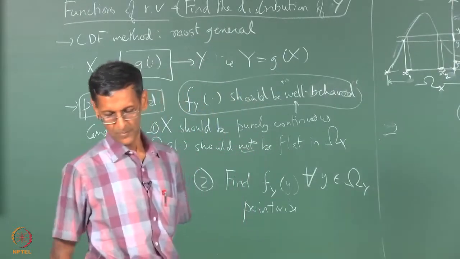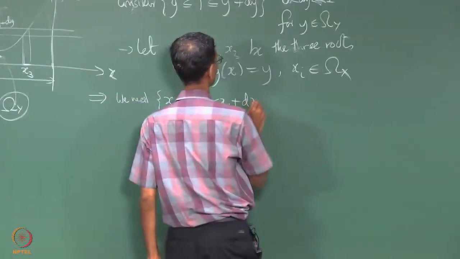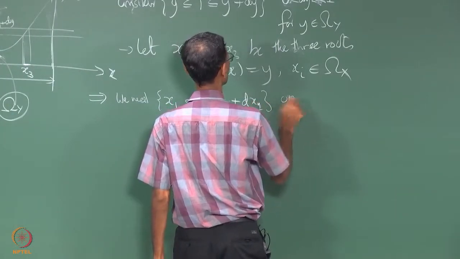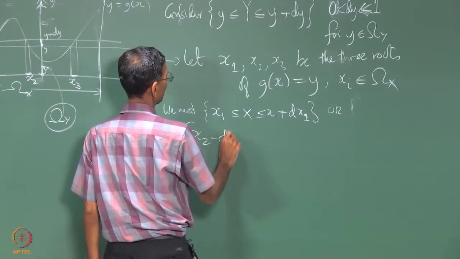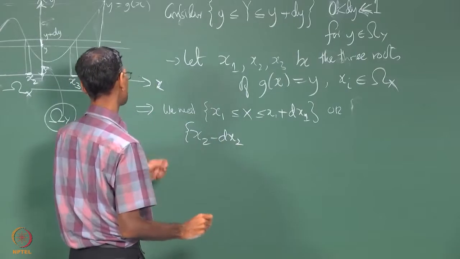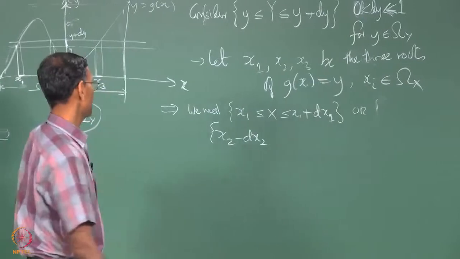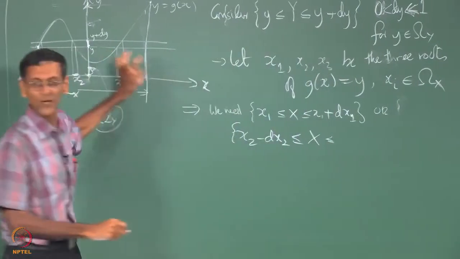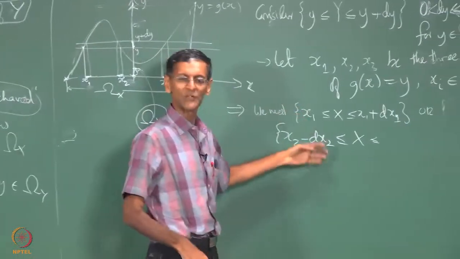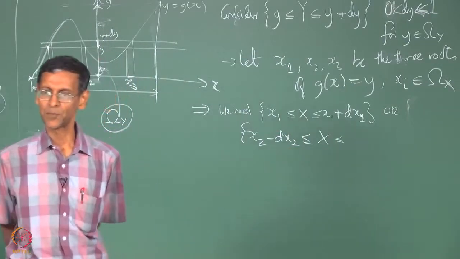Now of course you can't assume that all three are the same sign, so with respect to this particular diagram I will write x2 minus dx2 to keep dx2 positive, because the function is decreasing at x2. This is right. There is no loss of generality in saying I look at the function and see what sign I have to give for the dx at that point.